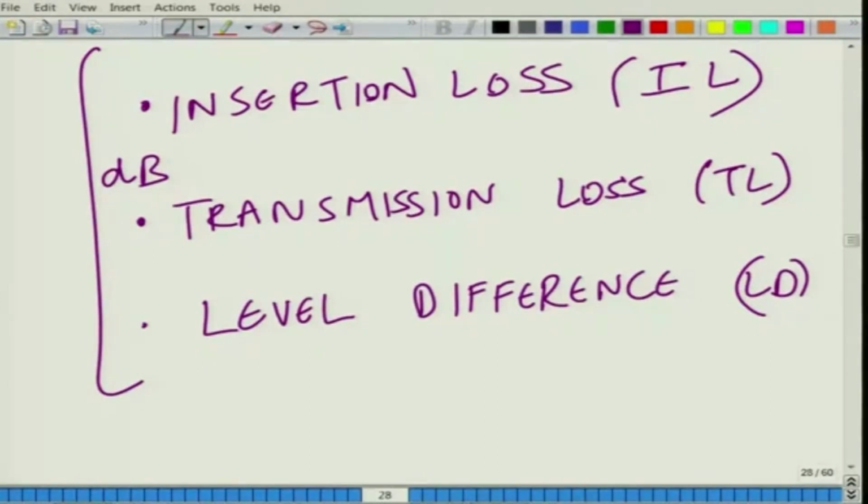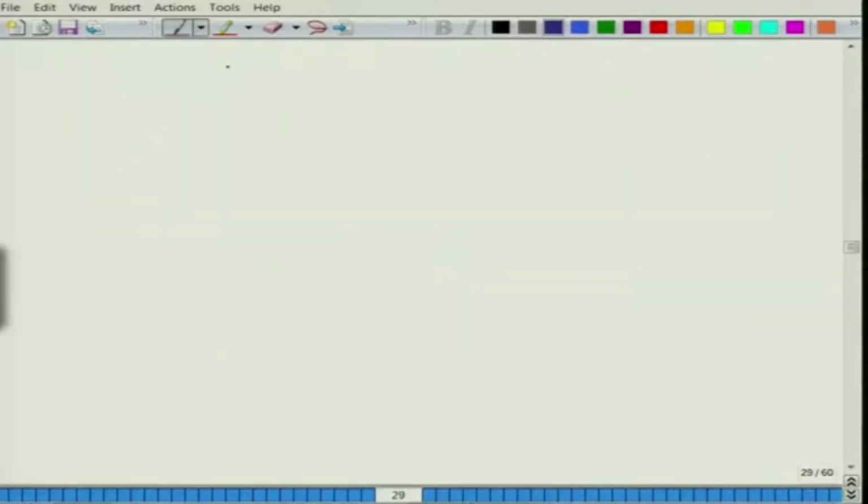Alright. Before we do that, let us review the different expressions used for evaluating the acoustic power.